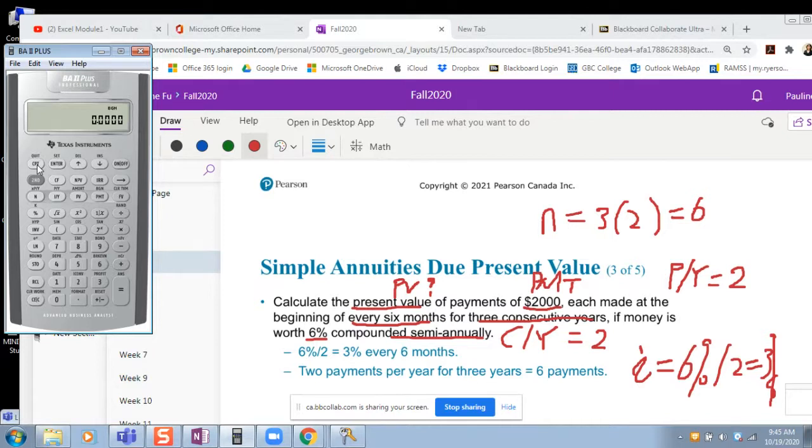Okay. Now enter the numbers. $2,000 negative PMT. 6 is the term N. The 6%, 6 is also I/Y.